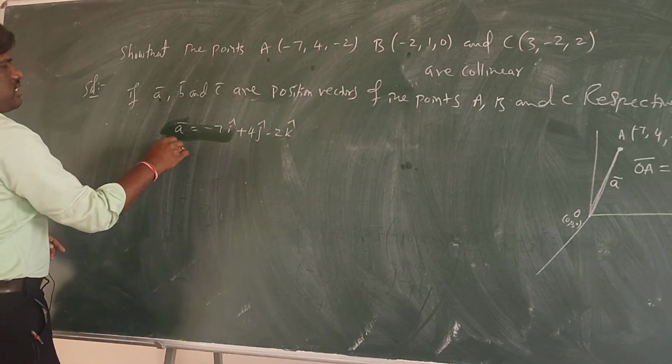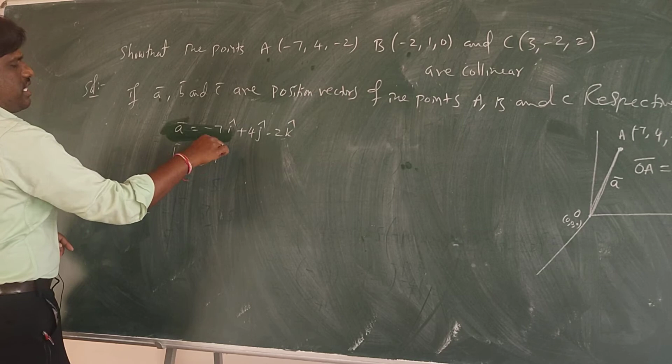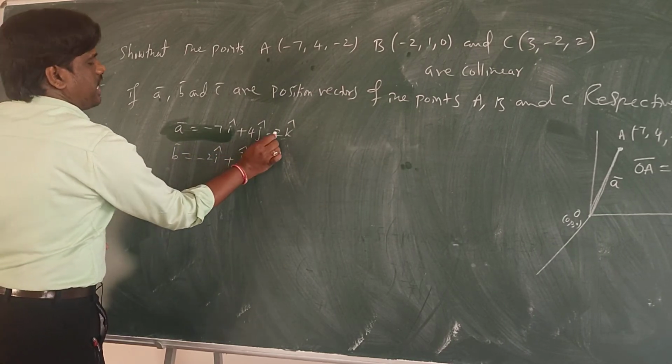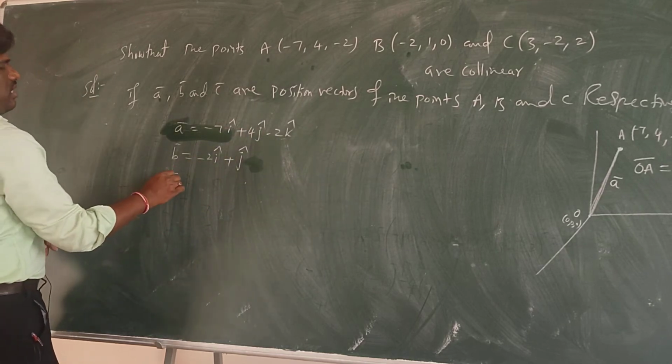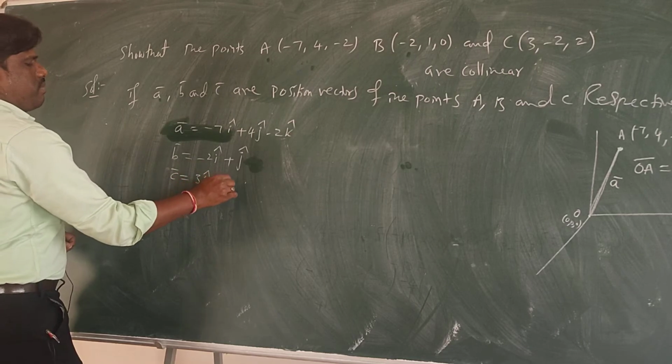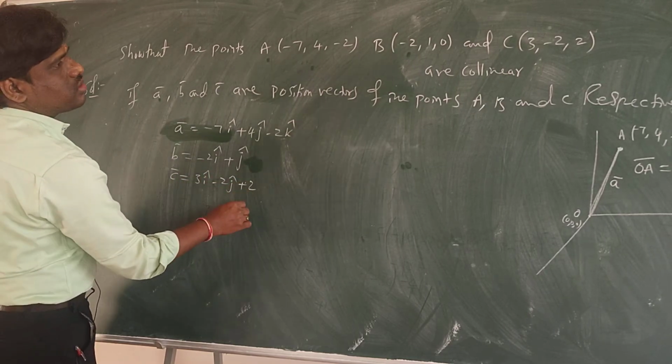Next, B vector is what here? Minus 2i cap plus j cap plus 0k cap. 0k cap no need to write. C vector is what here? C vector is 3i cap minus 2j cap plus 2k cap.